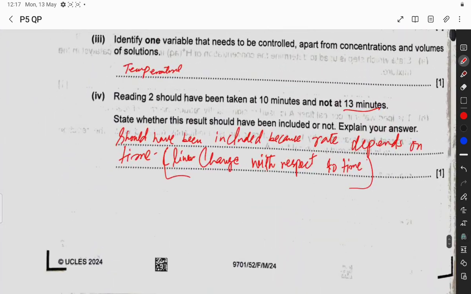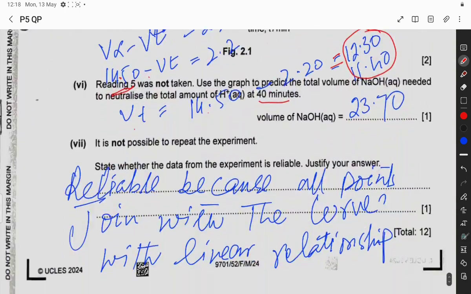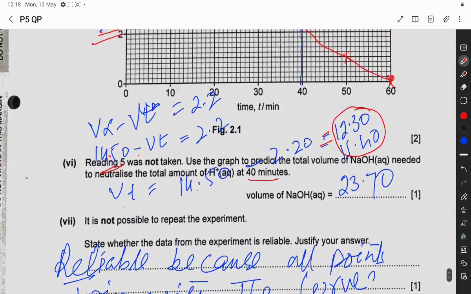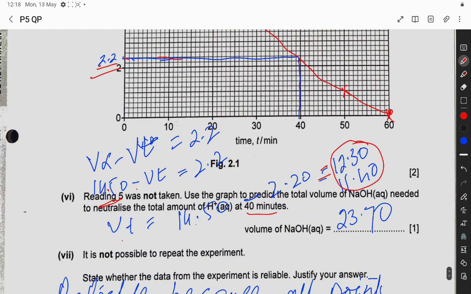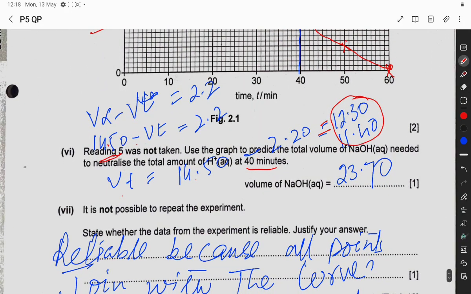And in this graph, V infinite minus Vt is equal to 2.2. So the total volume is 11.40 plus 12.30, which is equal to 23.70.